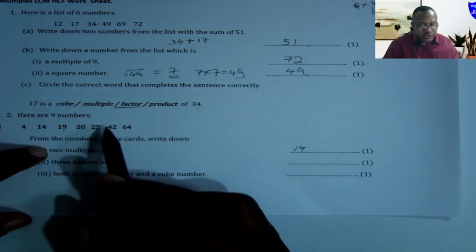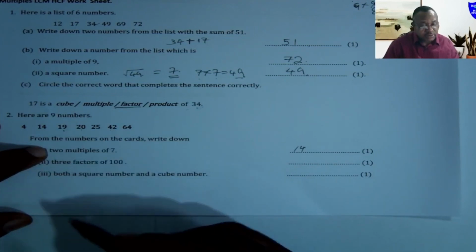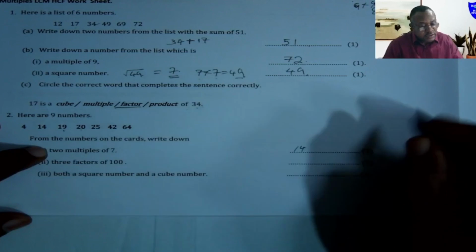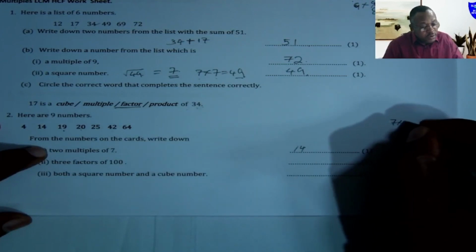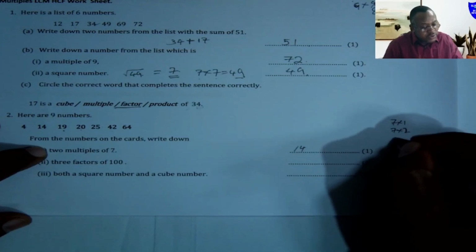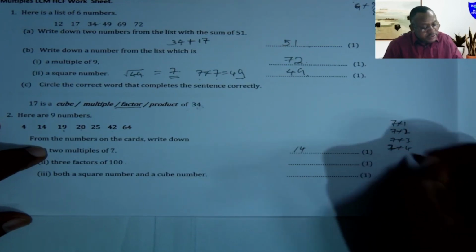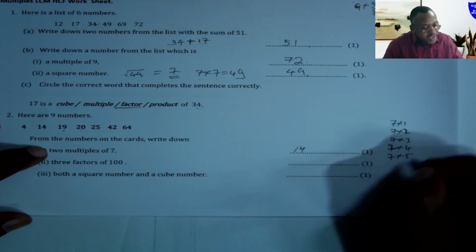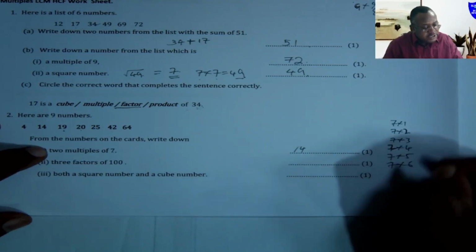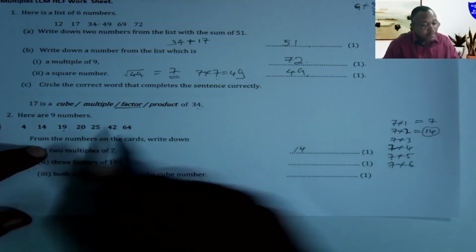20, no. 25, no. 42, yes, because if you multiply 7 by 1, by 2, 7 by 3, 7 by 4, 7 by 5, 7 by 6, that is 7, that is 14, which we've got there.